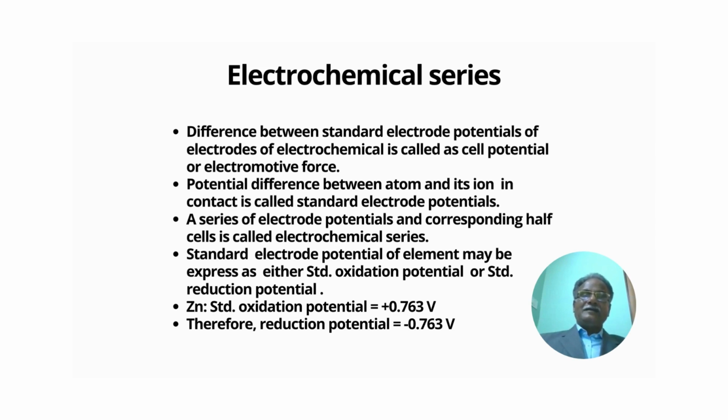And zinc also has a standard reduction potential, which is represented as minus 0.763 volts. Have you understood this? Here the values are the same, only the sign conventions change. Each and every element has these two potentials, oxidation potential and reduction potential.